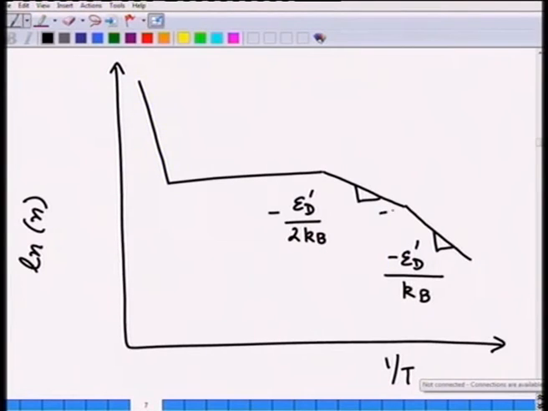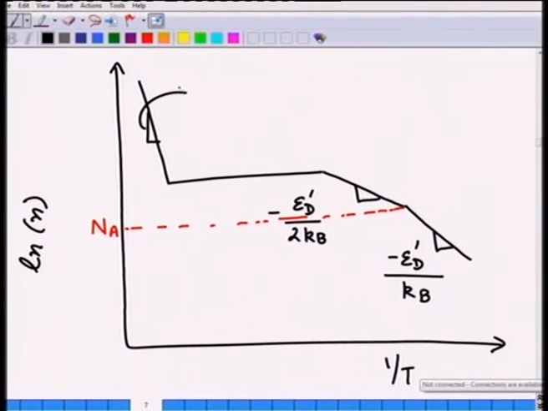And what is this point? This point right here, let me use a different pen here, is where the slopes break, and that point should be equal to, on this scale, Na, right. You understand this? So, if I label this entire curve, I will write it as follows.